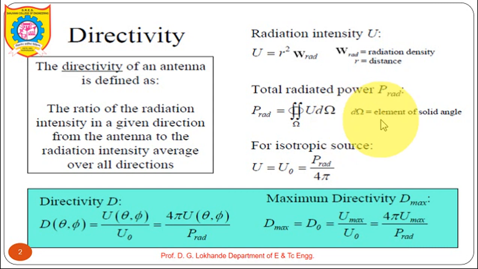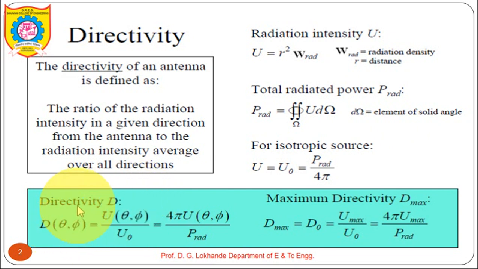This is what we call a solid angle of the particular cross-sectional area. So for an isotropic source, U is equal to U0 is equal to P rad upon 4 pi.